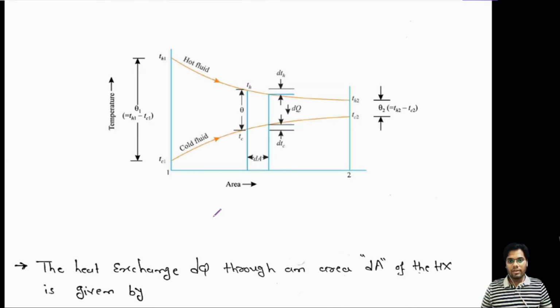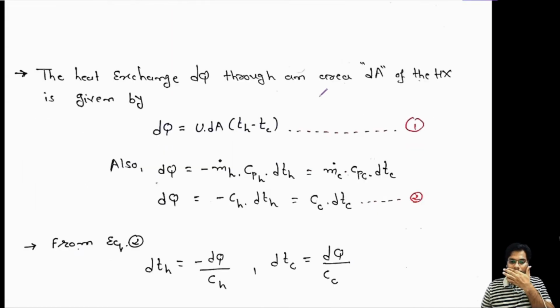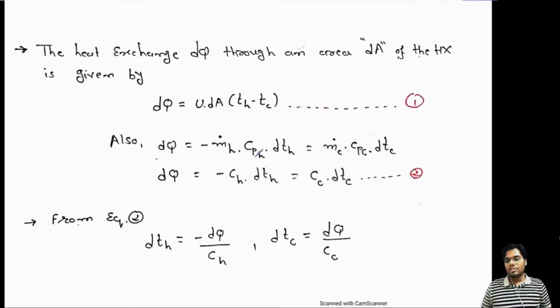Because from the figure we can see that the temperature is decreasing as we move towards the outlet for the hot fluid, and the temperature is continuously increasing for the cold fluid. So there is a minus sign in front of the hot fluid because its temperature is continuously decreasing as we move to the outlet. We can write mh cph combined as the heat capacity Ch, and mc cpc as the heat capacity of cold fluid Cc.